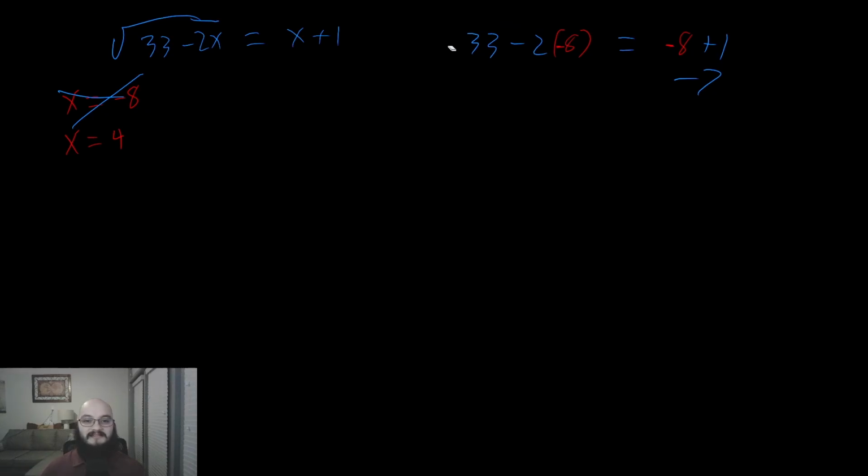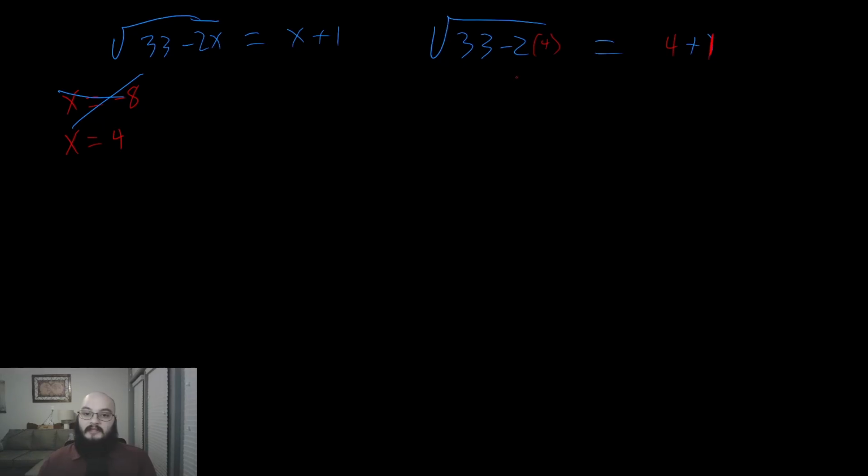So let's test out the positive 4 and make sure that that one works. Root 33 minus 2 times the 4 is equal to the 4 plus the 1. So from here, we're going to have 33 minus 8, which will be 25.